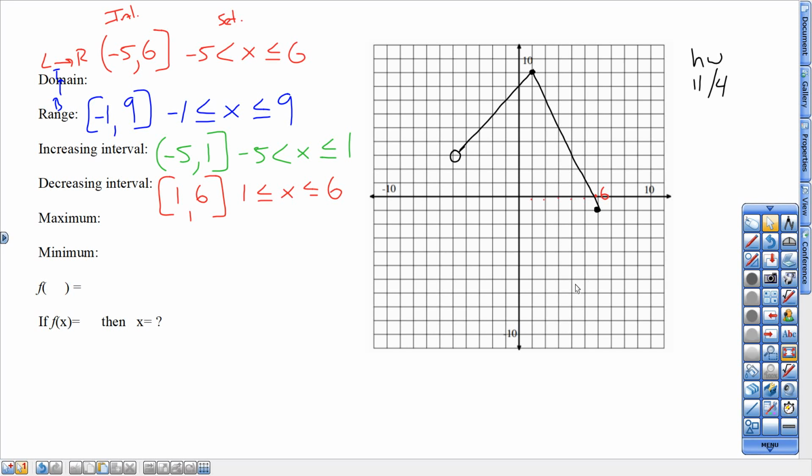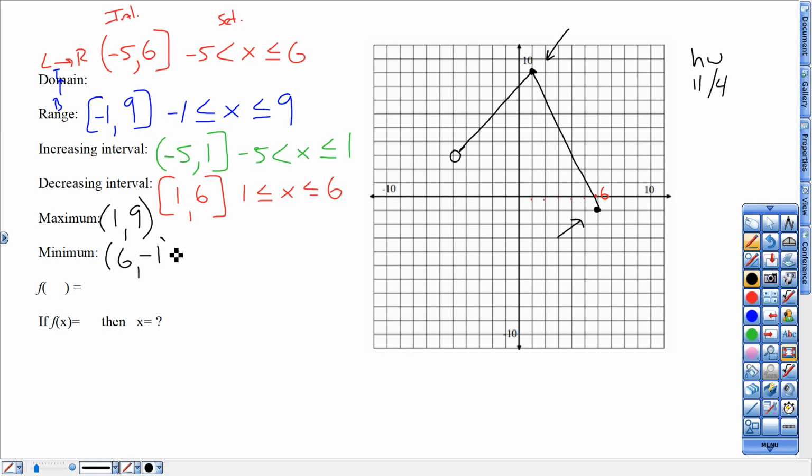All right, so here you go. The maximum is this highest point right here. And since it is a single coordinate, I write that as a true coordinate. That highest point is (1, 9), written rounded as a normal coordinate. This lowest point right here is a rounded coordinate again because it's a single point, (6, -1).